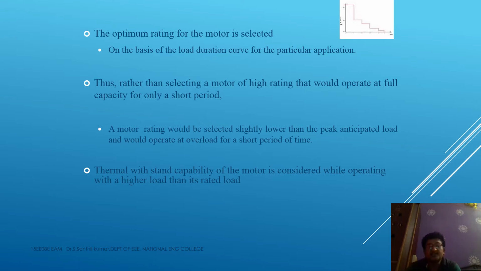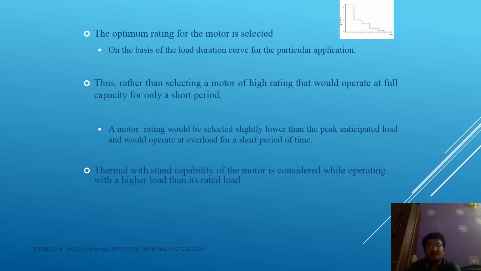The next thing we have to take care of is the thermal aspect. The thermal withstand capacity of the motor should be considered while operating at a higher load than the rated load. When the motor runs at the rated load for a prolonged period, there will not be any rise in temperature.